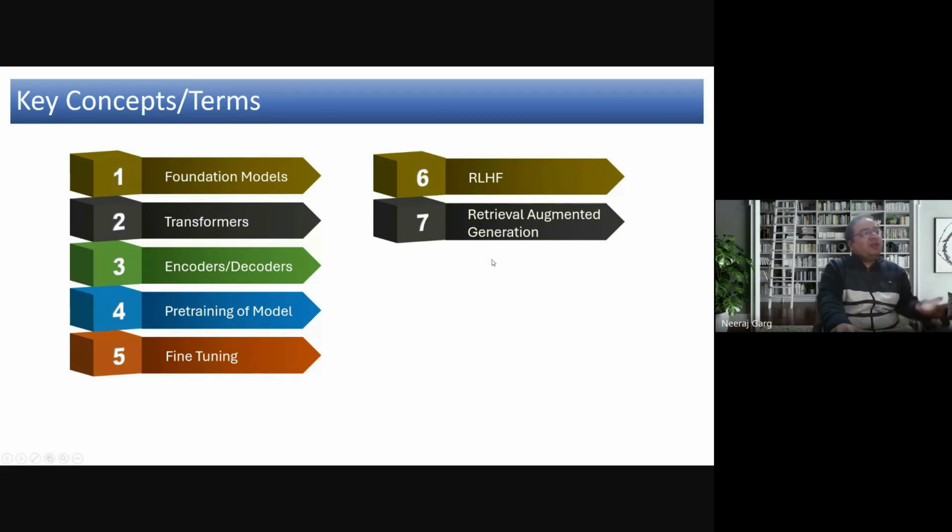Those models can answer a question based upon the data they have been trained on. For example, ChatGPT has been trained on data which is available until December 2023. It cannot answer questions about events which have happened in the last month, that is January 2024.